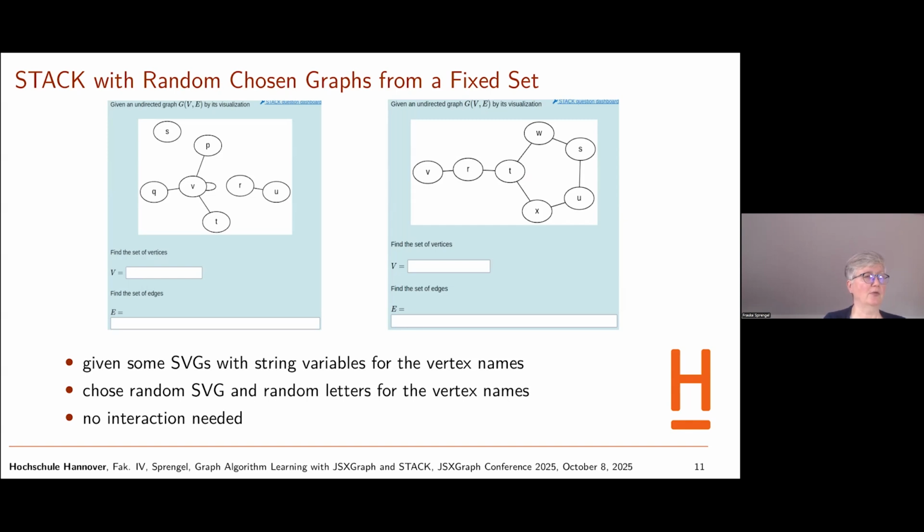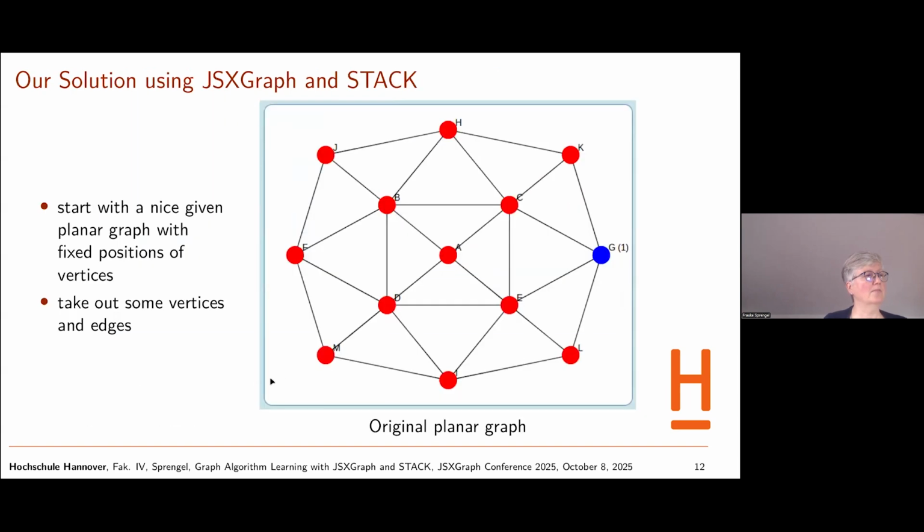And then you have, of course, for this kind of question, already enough randomization. But we wanted to do algorithms, and we wanted to have interaction via clicking on edges. So this is what we did.